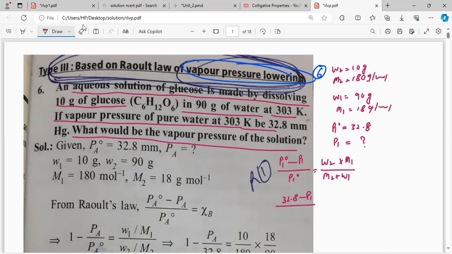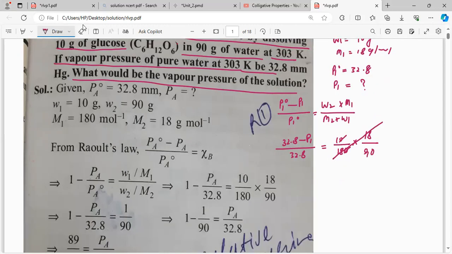This is again going to be 32.8 is equal to W2. W2 is 10 gram. M2 is 180, multiply by M1 18 gram. W1 is how much? 90 gram. So this is going to be 10 divided by 180. 18 cancel out. 1 by 90 is coming.